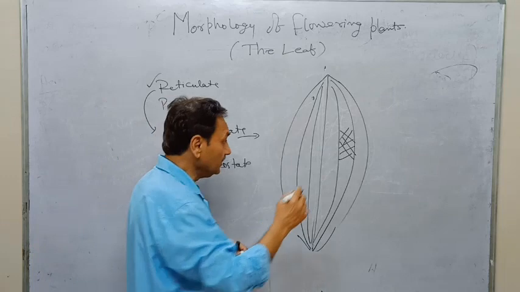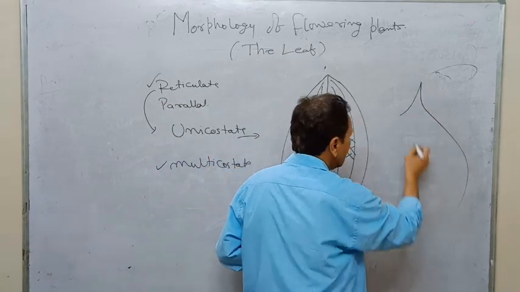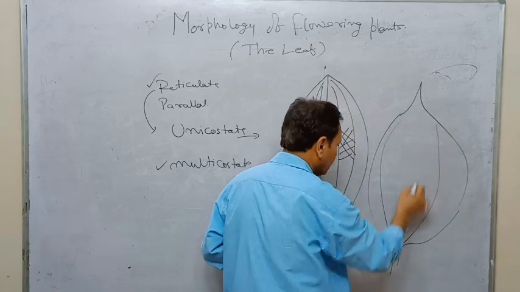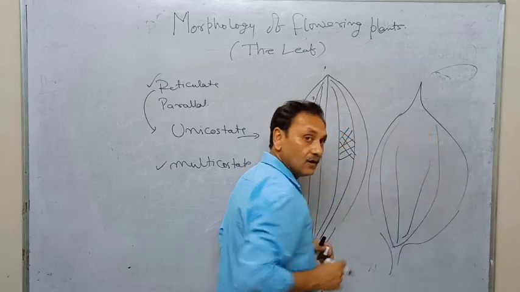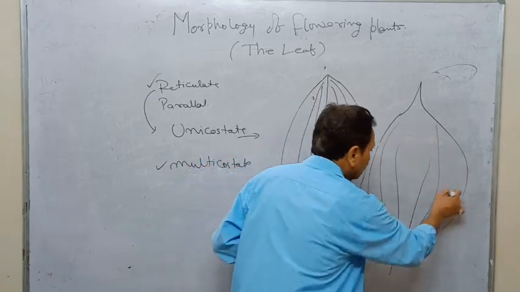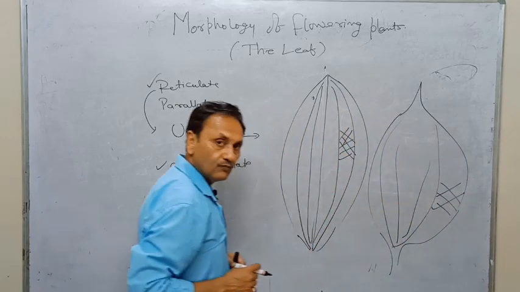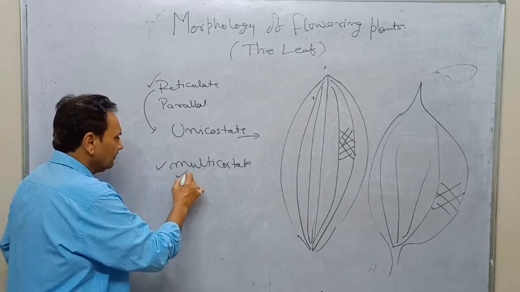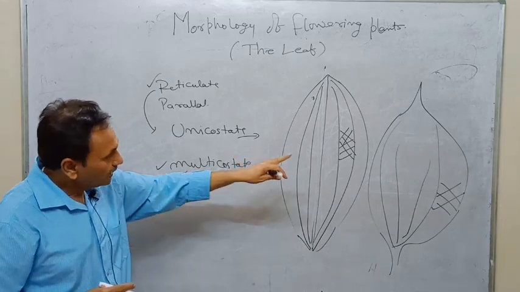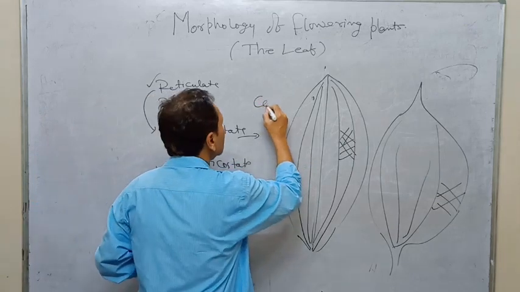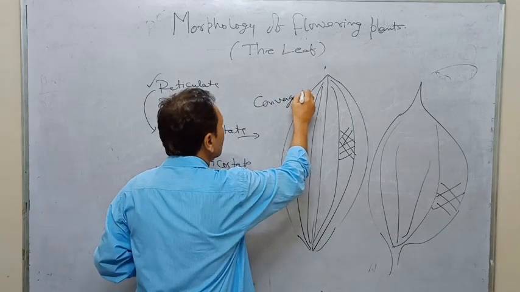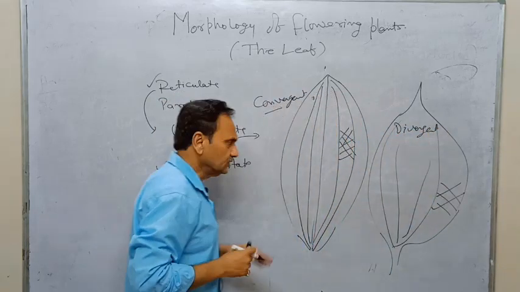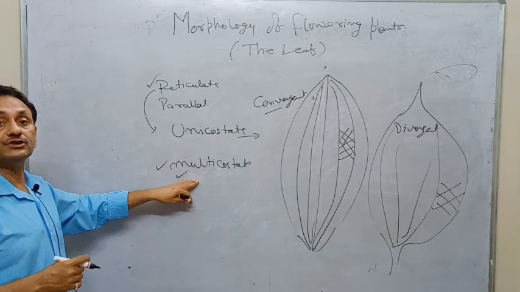Or in certain cases, a leaf is present having many main veins, and there are reticulations. They are both multicostate, but one is called convergent and the other is called divergent. These are the two types of multicostate.